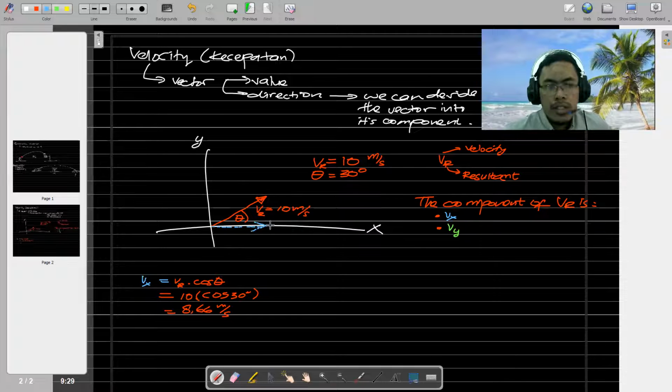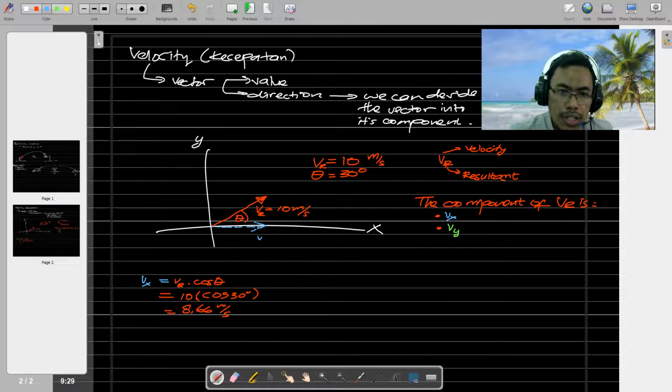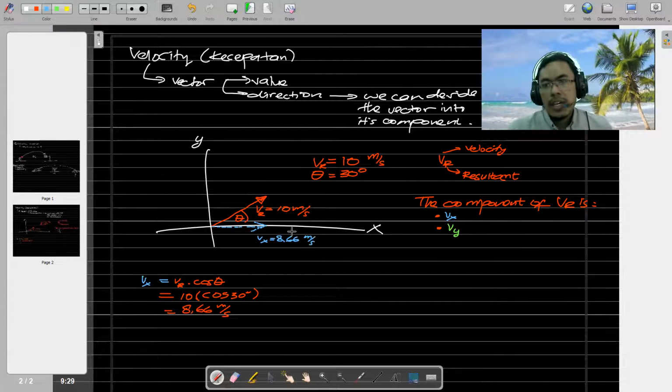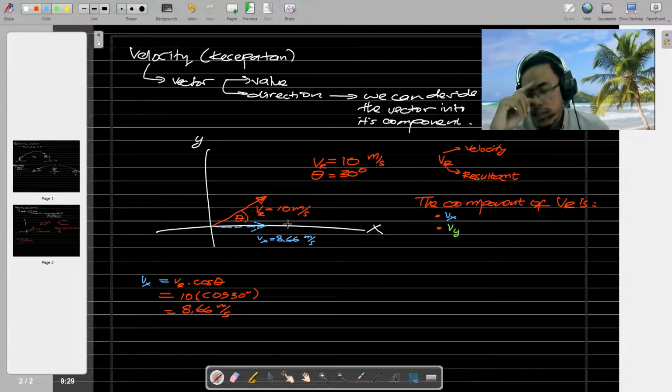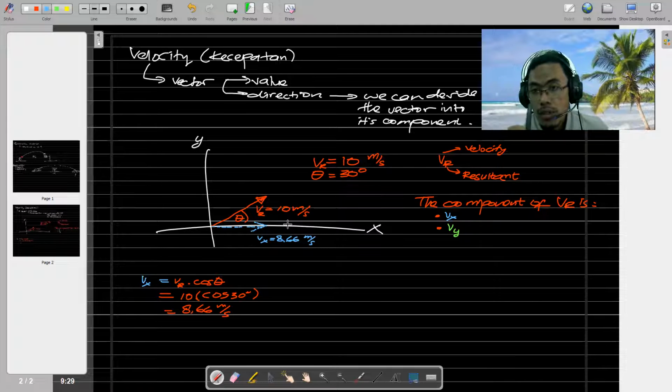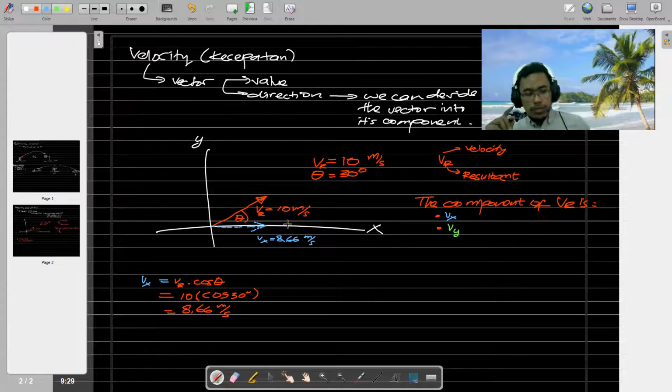So this one is Vx, 8.66 meter per second, and this one is the direction, the component of v resultant in the x direction.